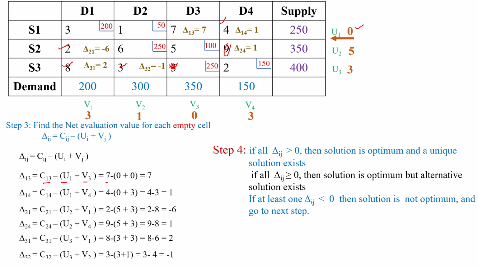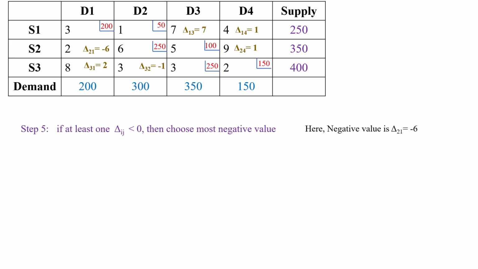If at least one delta ij value is negative, less than 0, then the solution is not optimum and you have to go for the next step. So here observe that delta 21 and delta 32 are less than 0, negative values. So the solution is not optimum. Then you have to go for the next step.